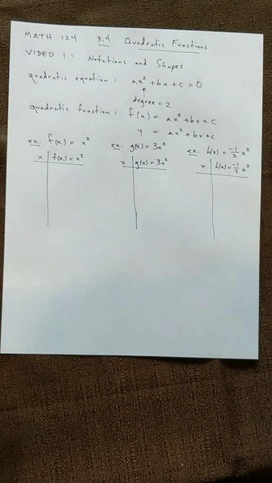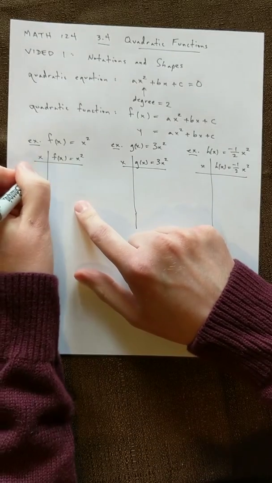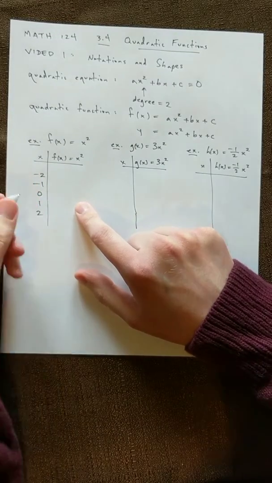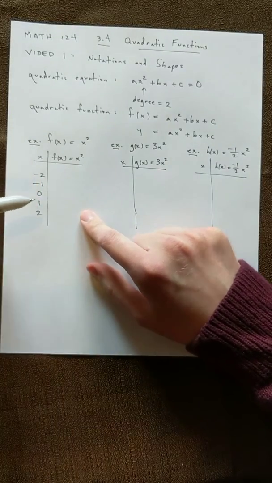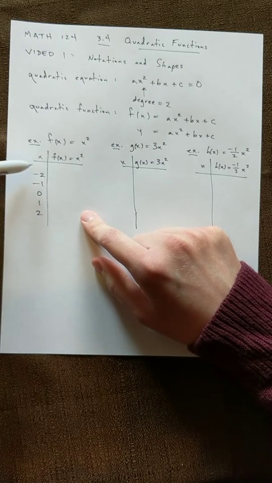As usual, I'm going to start off in the simple way. I'm just going to plug in numbers from -2 to 2. I'll leave a gap in case I decide later that I didn't get enough points to figure out what the shape looks like. If I need to plot more points, I can plug in -3, -4, and so on.